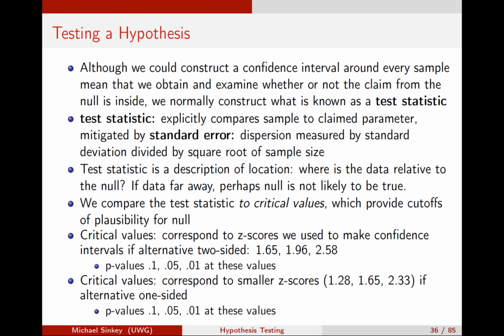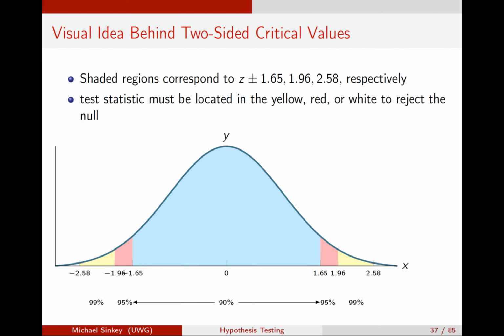Maybe the null is not that likely to be true anymore. I look at three specific cutoffs corresponding to p-values of 0.1, 10%, 0.05, 5%, 0.01, 1%. And I look at critical values that we've used previously. So we used 1.65, 1.96, and 2.58 to make confidence intervals, and those are the critical values I use for two-sided hypotheses. Then I use other critical values for one-sided hypotheses, and I'll describe why here in a minute.